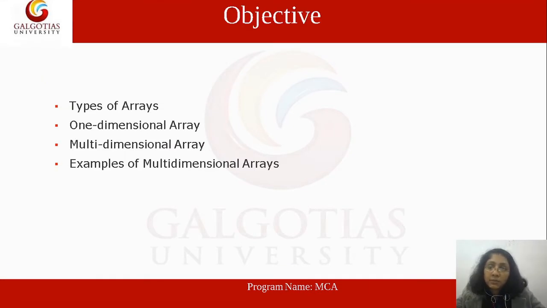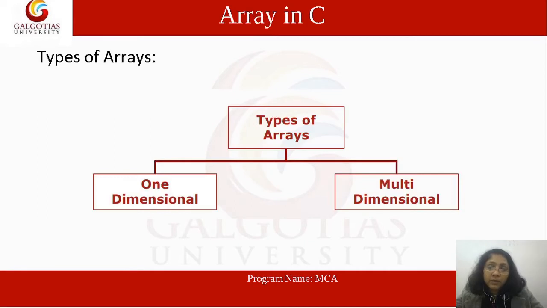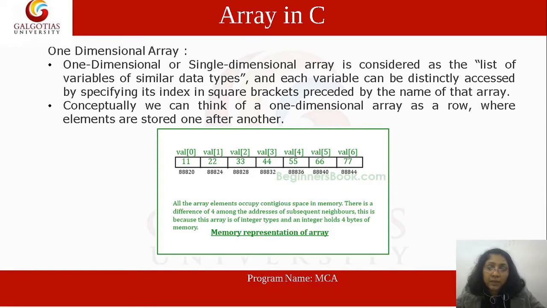In today's class, we'll be discussing types of arrays, one-dimensional arrays, multi-dimensional arrays, and an example of a multi-dimensional array. As has been mentioned, there are two types of arrays depending on the way elements are stored. One is one-dimensional, another is multi-dimensional. So what is one-dimensional?